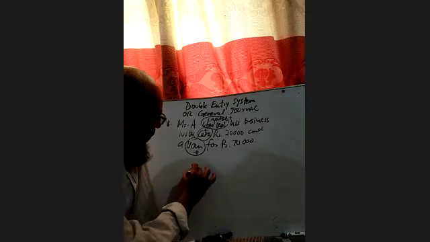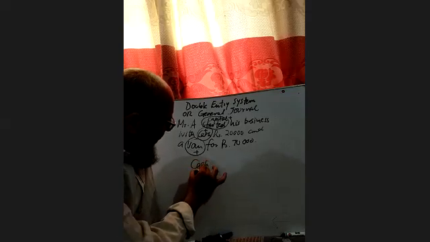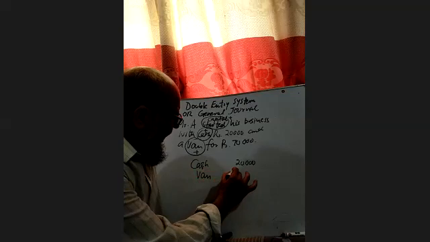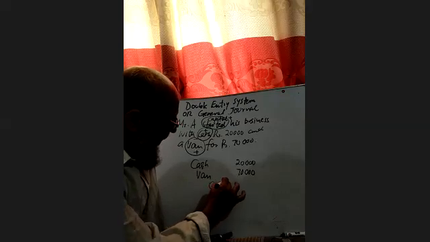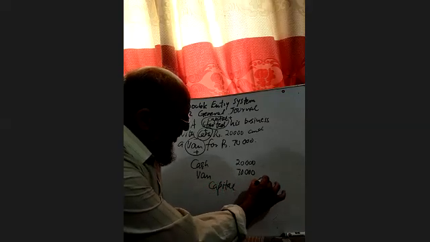Capital also increased. So your entry will be cash debit 20,000, van 70,000, and capital will be total 90,000.